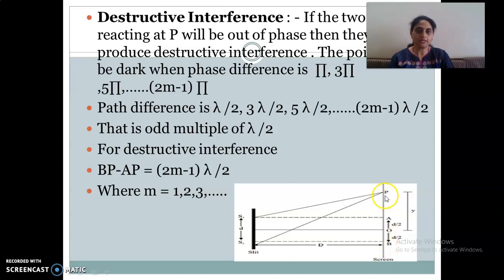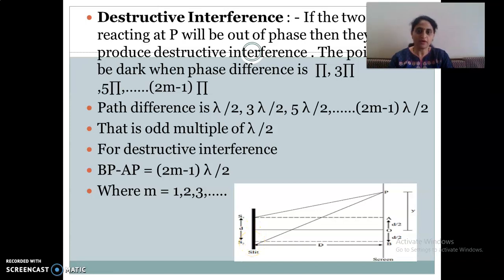This is the point P which is on the screen. This is O, the center of the bright point. Suppose, consider this is A and this is B. So BP and AP are the path difference of the two waves. The wave which is emitted from point A is AP, and the wave which is emitted from point B is BP.